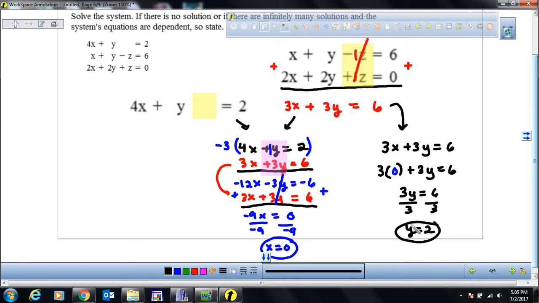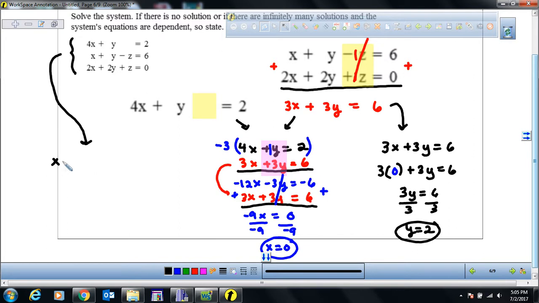So now I already know that x is equal to 0 and y is equal to 2. Now to find the z, the third variable, we're going to go back and substitute these two into either one of the original equations. Of course, we cannot use the first one because the first one doesn't have z, and we're looking for z. Remember, we used the first one as one of the middle equations. So I'm going to use the one in the middle to find the third one.